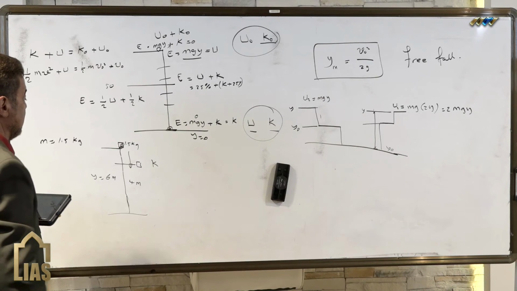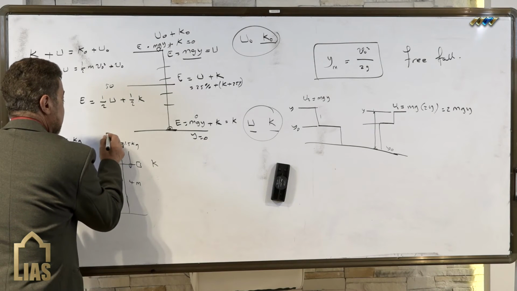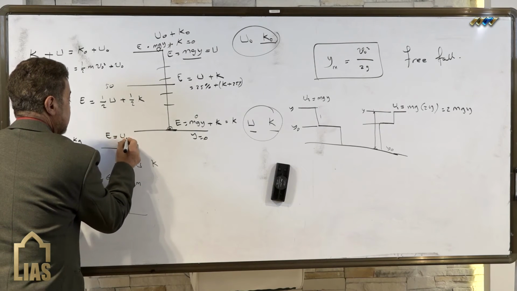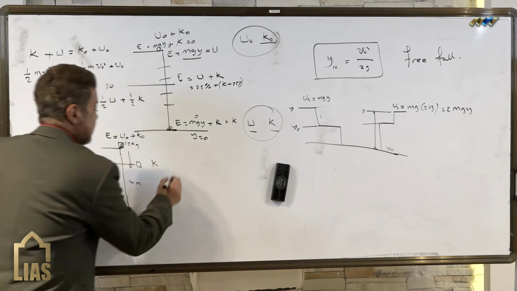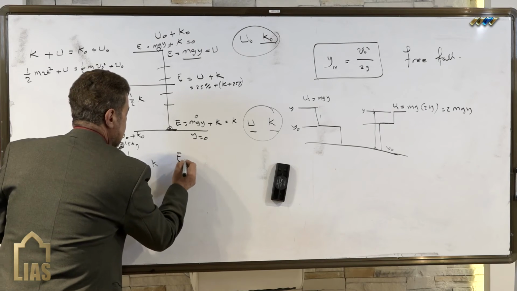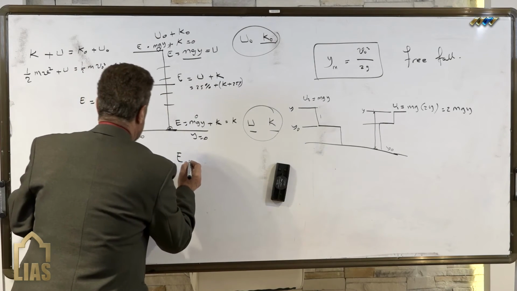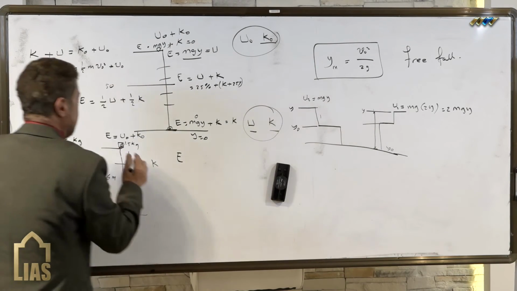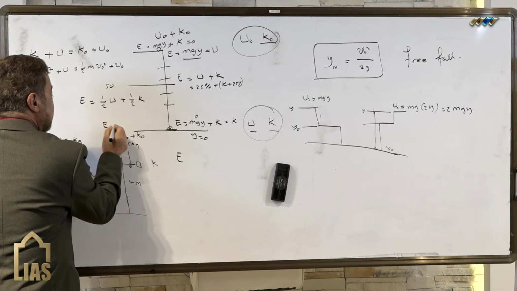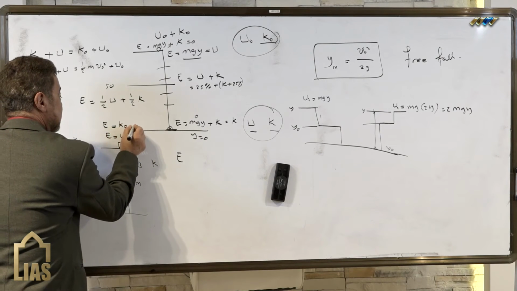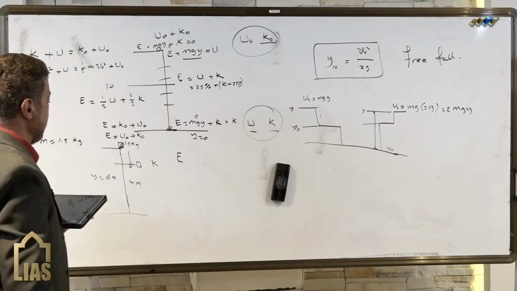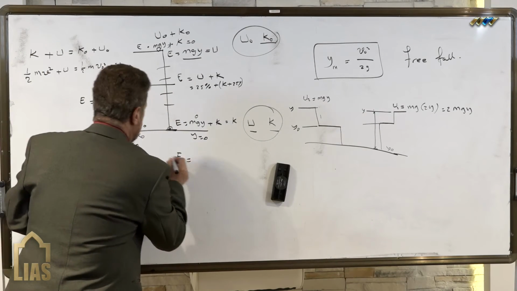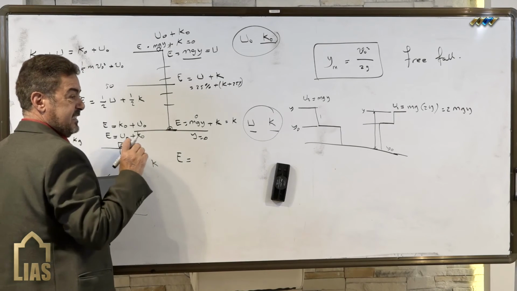First of all, we have the energy here is equal to U0 plus K0. By the way, in the book they said it's the kinetic energy plus potential energy. It's okay, the same thing. The kinetic energy here, there is no kinetic energy.